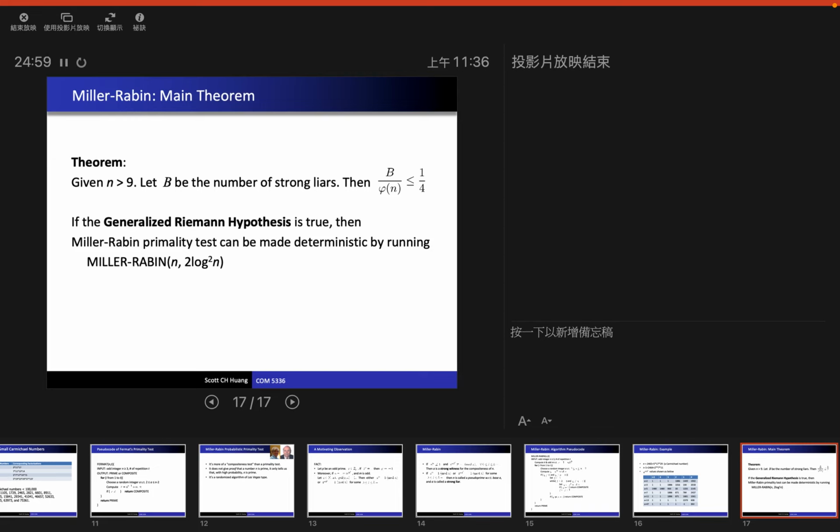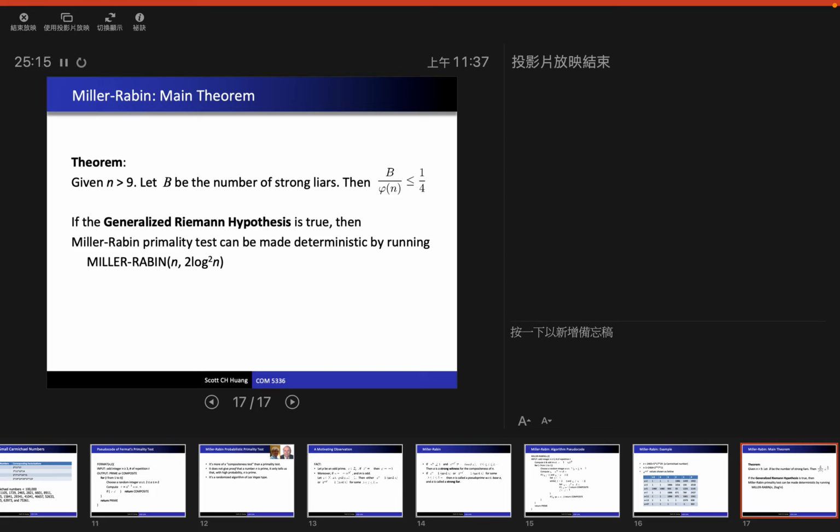So phi n must be less than n because the largest possible phi n is n-1. That's the case where n is prime. But if n is not prime, phi n must be much smaller than n.